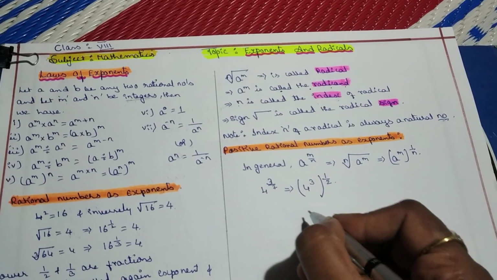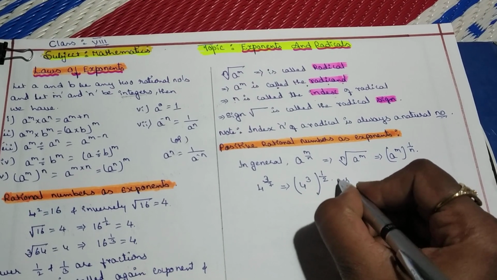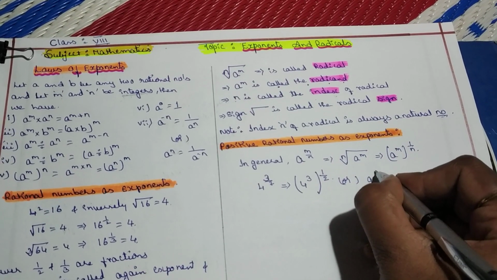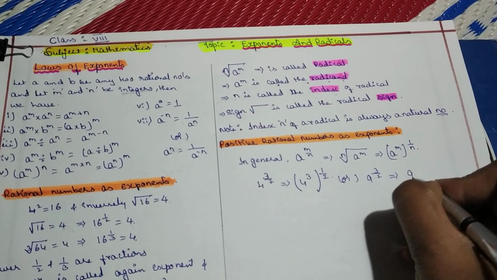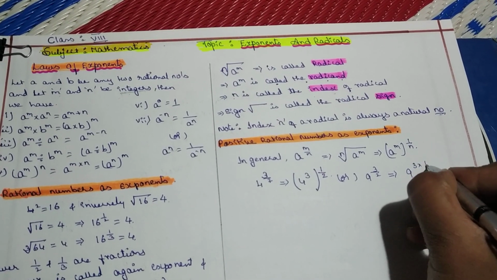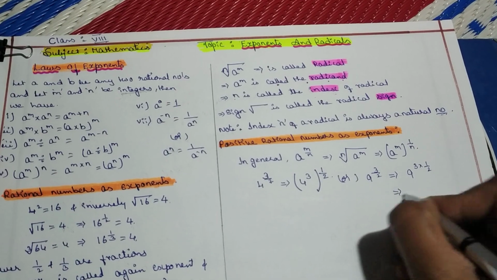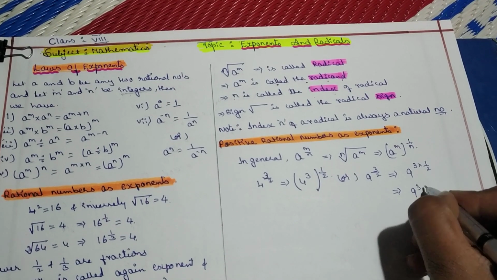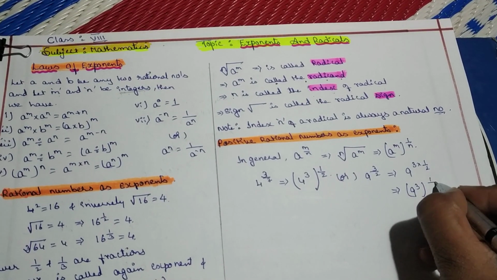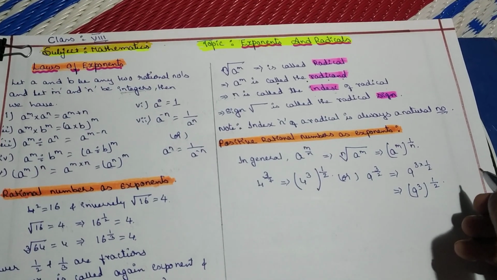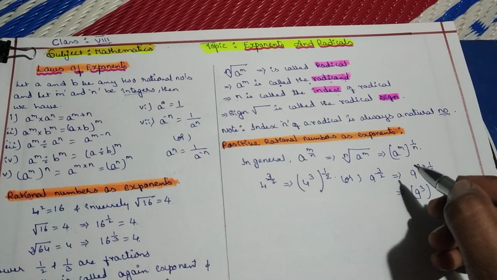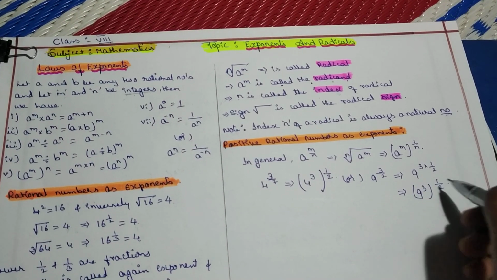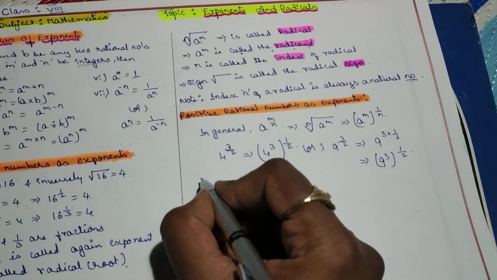Another example is 9 to the power of 3 by 2, which I can express as 9 to the power of 3 into 1 by 2, which can be written as 9 to the power of 3 whole to the power of 1 by 2. That is, the exponent is in the form of a positive rational number.